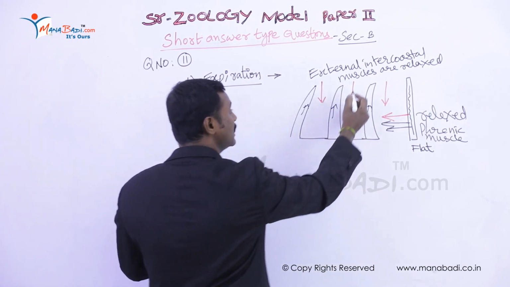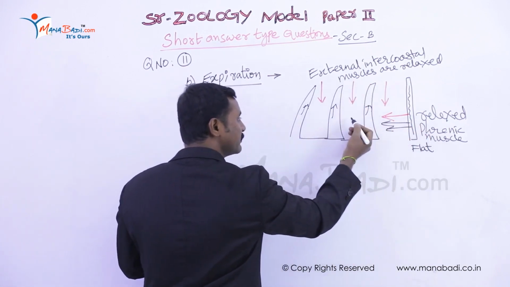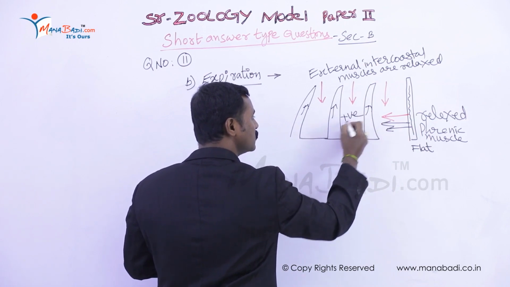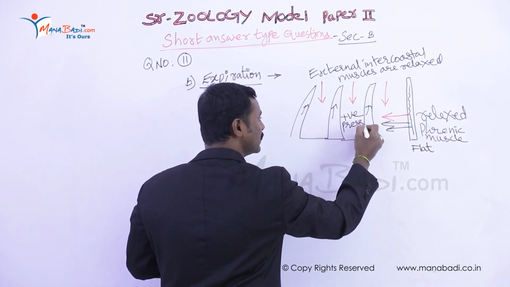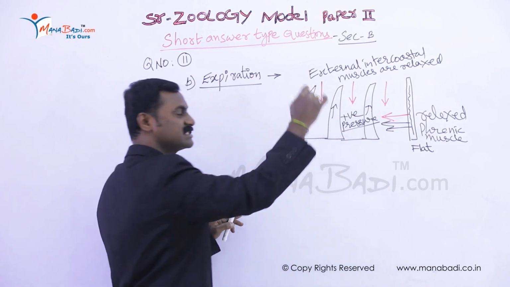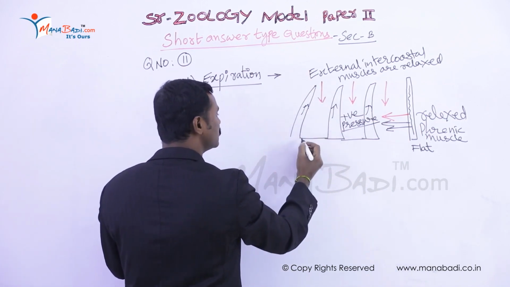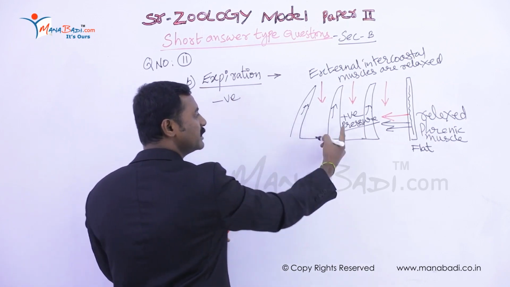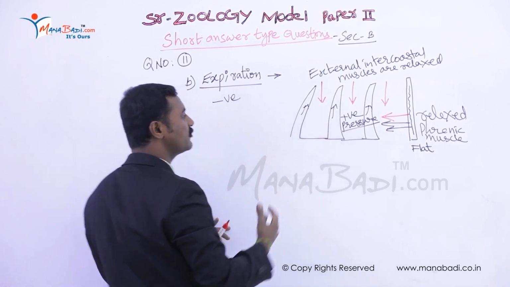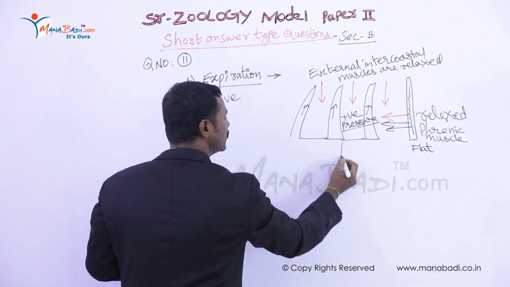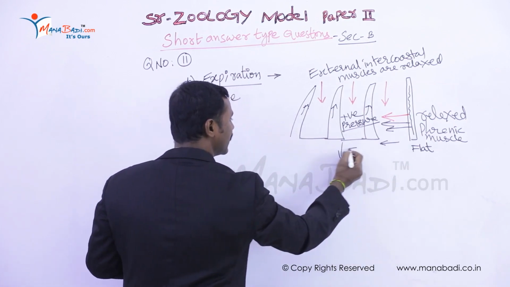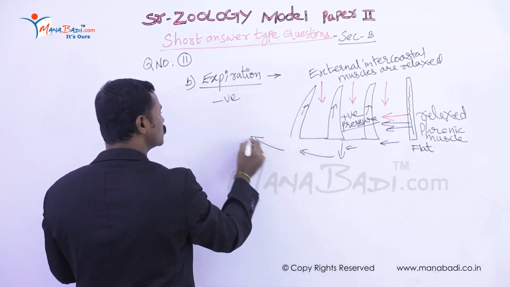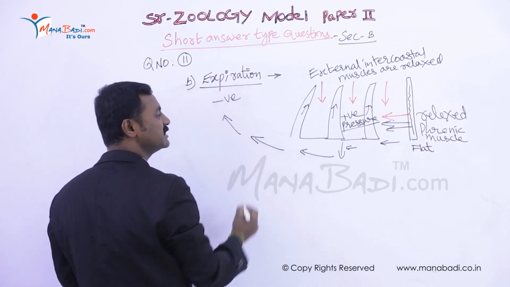Here, positive pressure is created. Compared with the environment, there is a lot of pressure in the thoracic cavity, so because of this force the air goes out through the nostrils. It is released out.